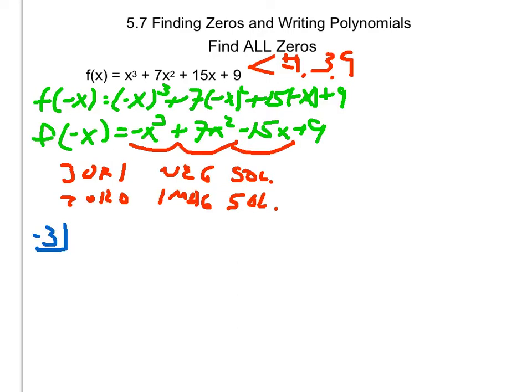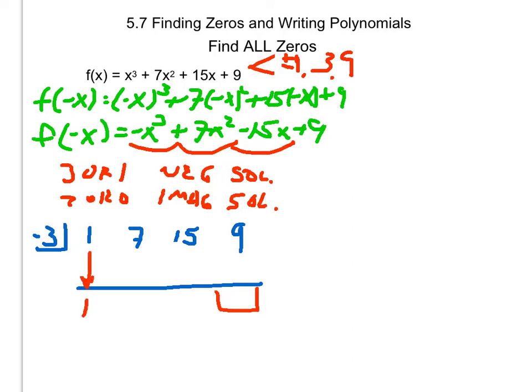So negative 3 is going to go in the box. We bring down the coefficients, 1, 7, 15, and 9. We leave a space, draw a line, and we should expect to have 0 right here. That's how we know we chose correctly, because there's no leftover. So we bring down the 1, multiply, add.